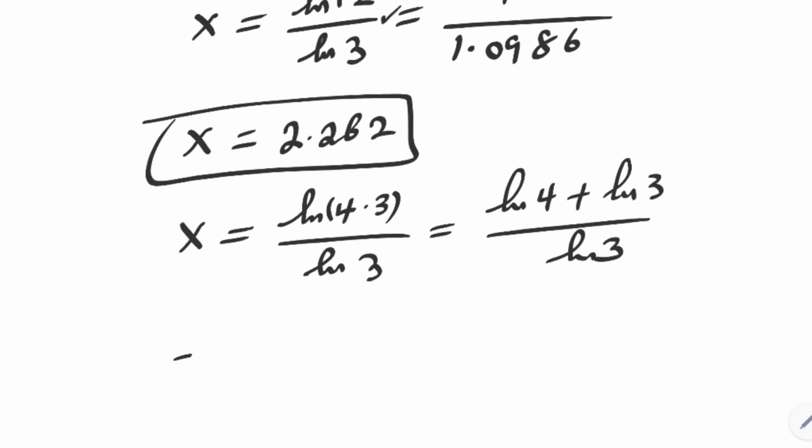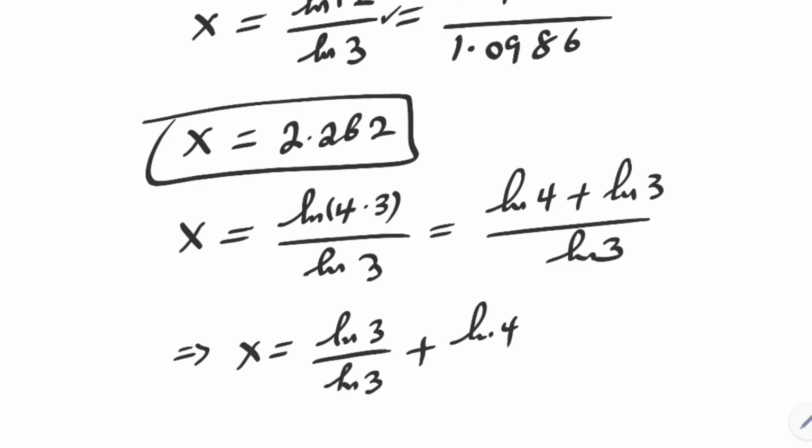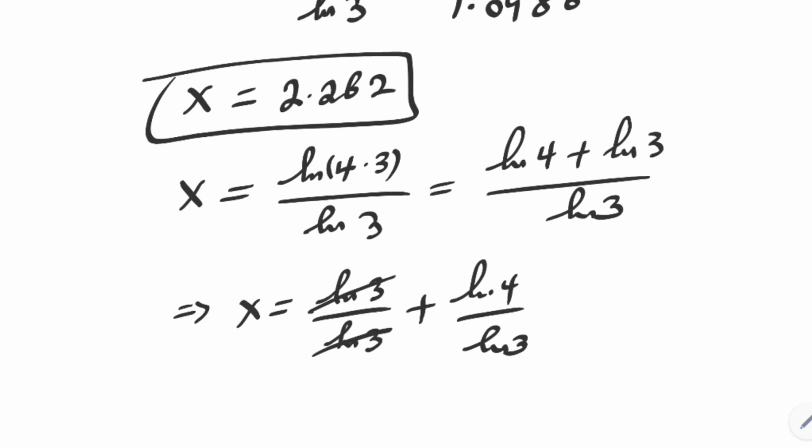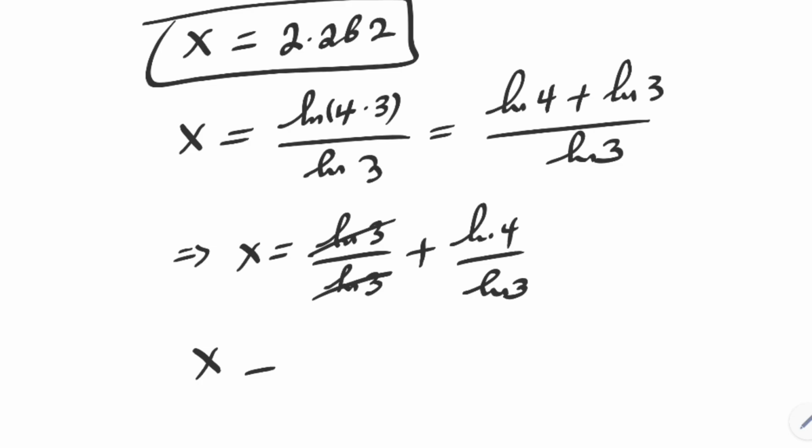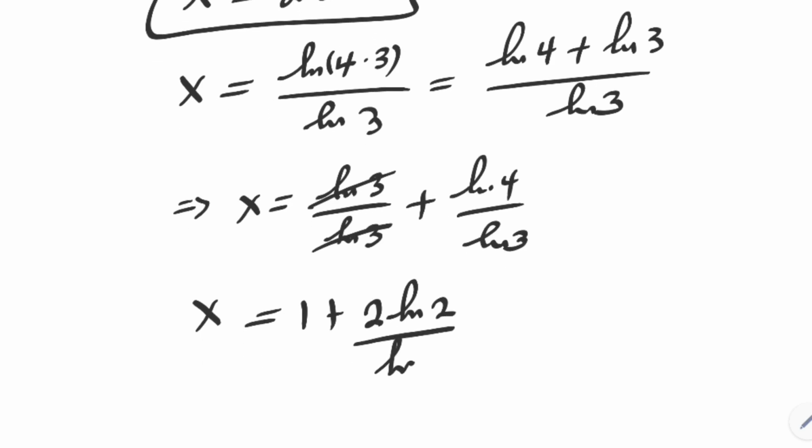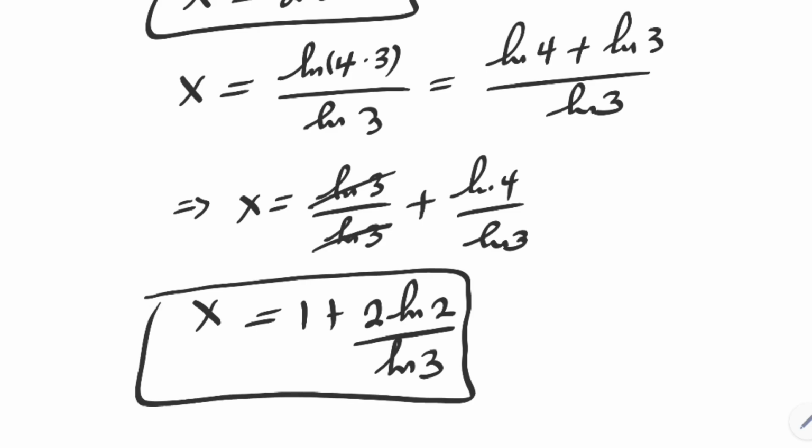Then this is same thing as x is equal to ln of 3 over ln of 3 plus ln of 4 over ln of 3. This ln of 3 cancels this ln of 3. x is equal to 1 plus ln of 4, which is 2 ln of 2, over ln of 3. You can see that you may solve this in less than 30 seconds.